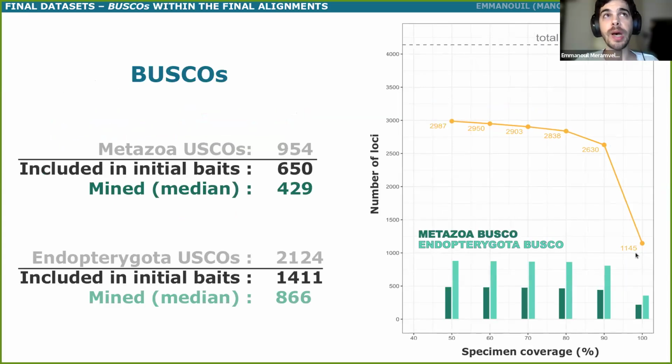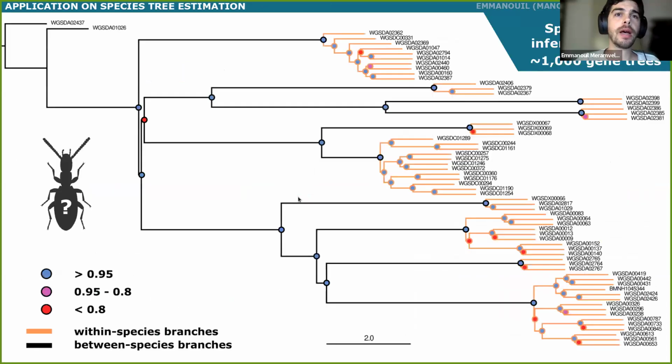And also, if anyone is interested in the BUSCO datasets, you can find these BUSCO sequences within the assembled datasets. For example, for the metazoa, initially we included 650 as baits, and we mined more than 400 of them. And that's it for the pipeline.